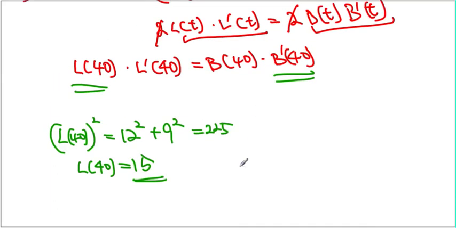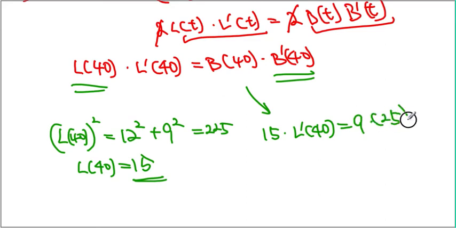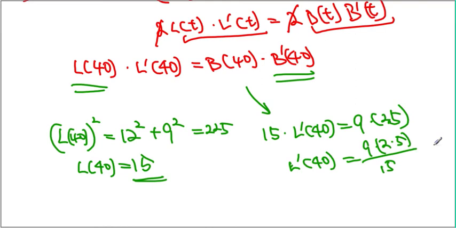So I think we have everything ready. So if you were to rewrite this one, we get 15 times L prime of 40 is equal to 9 times 2.5. Now, then obviously we can have L prime of 40 is equal to 9 times 2.5 over 15.